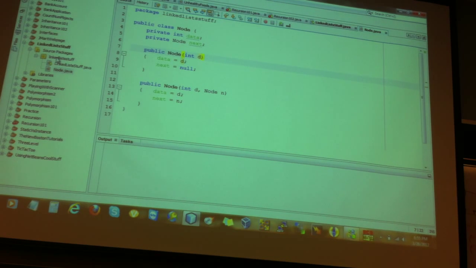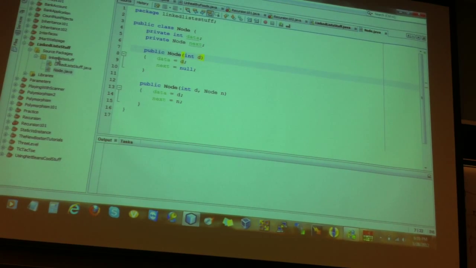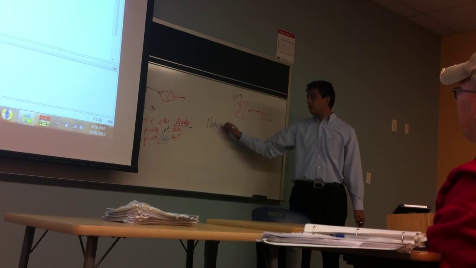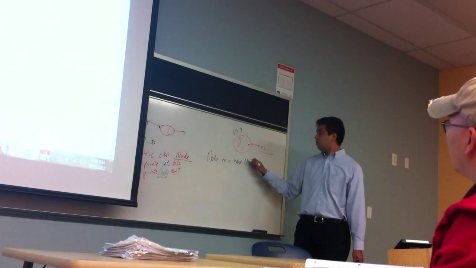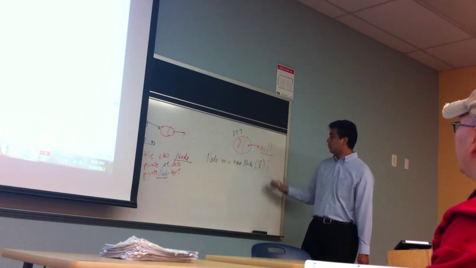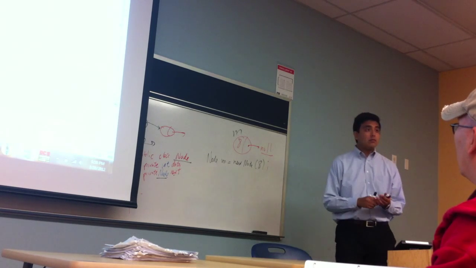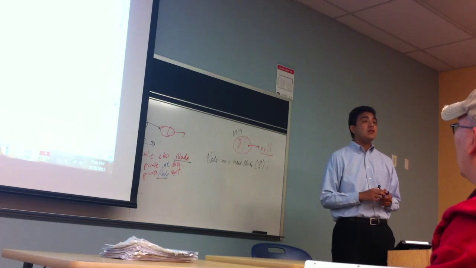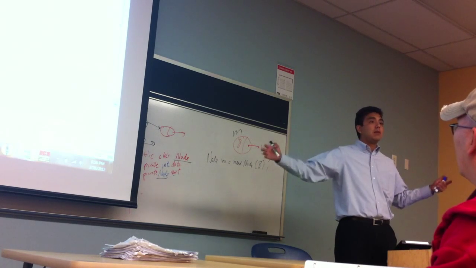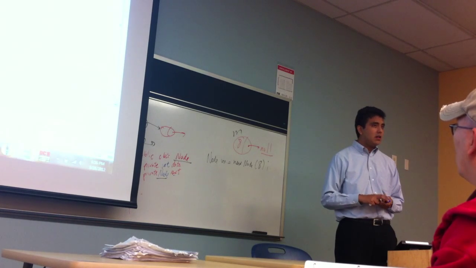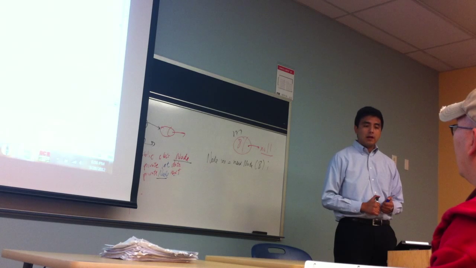And that's the constructor we would use the first time we want to create one node, for example. Correct? So if we want to call this node, say, M, this would be something like Node M equal new Node with an A. And that would create that. So Professor, you're saying the first node is not given any information? What I'm saying is the first node doesn't have a person next to him. You understand what I'm saying? A little bit. Okay.